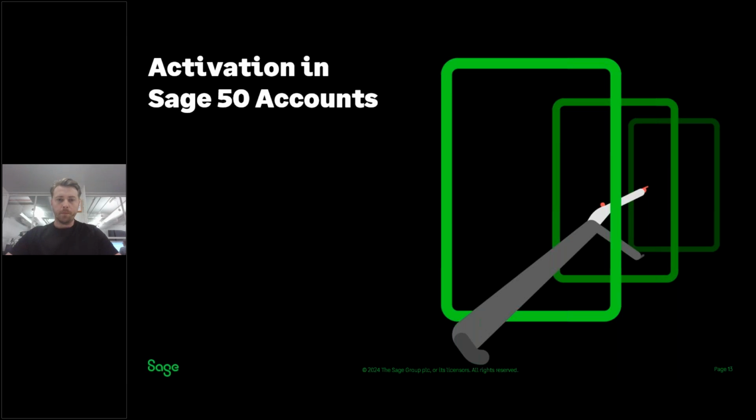So we've got a short video here. It's about 4 minutes long, and that will just take you through the application process and what that looks like, and then how to access the feature once that's activated.